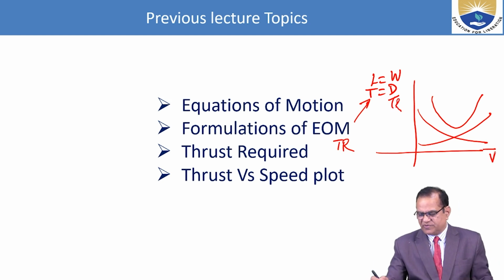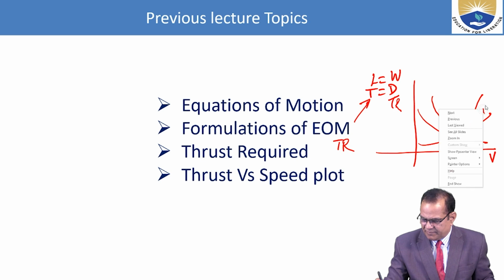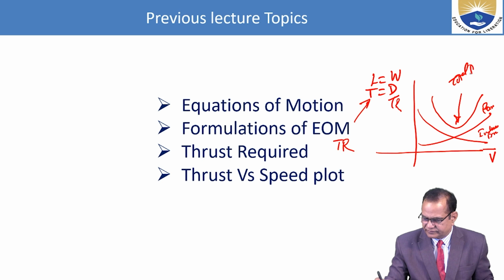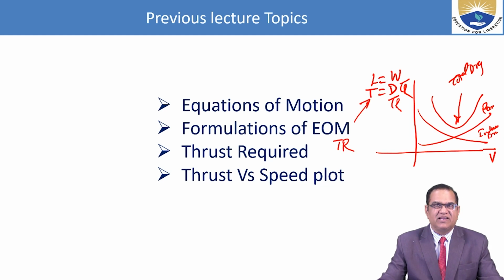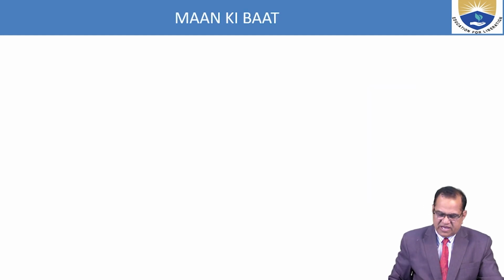This is the parasite drag, this is the induced drag, this is the total drag, this is the TR, and this is the velocity. So this we have already done in our last class.